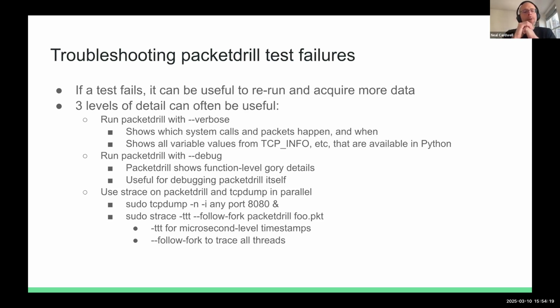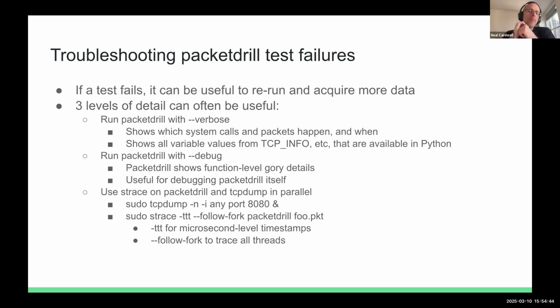The most useful approach in general, I find, is to go back to the roots of Packetdrill, which are focused around strace and tcpdump, and literally use strace and tcpdump on the Packetdrill execution itself. Here are some example command lines you might use to run tcpdump in the background, dumping all the traffic.